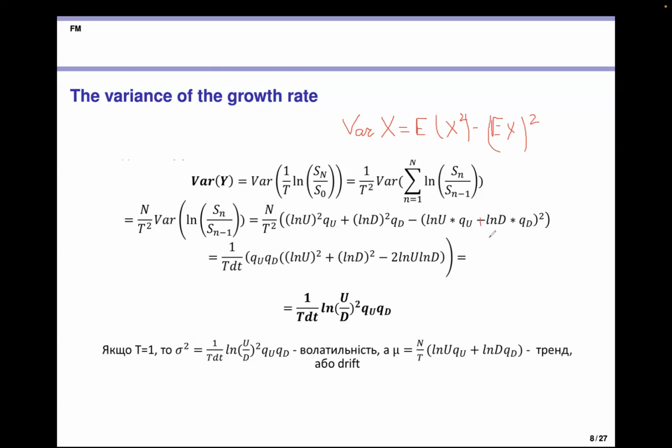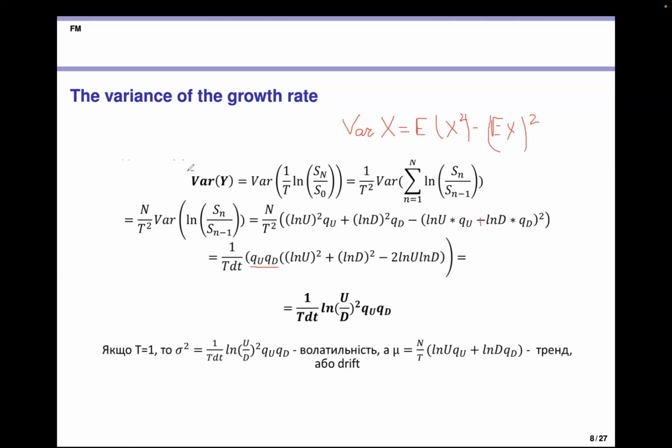After that we need to find the square of this sum. So it is the first square, the second square, and minus the double product of this for this. After that we can write the common factor, and in the bracket will be this expression, which we can write as ln u divided by d squared.